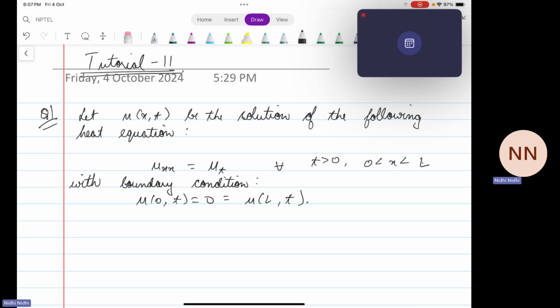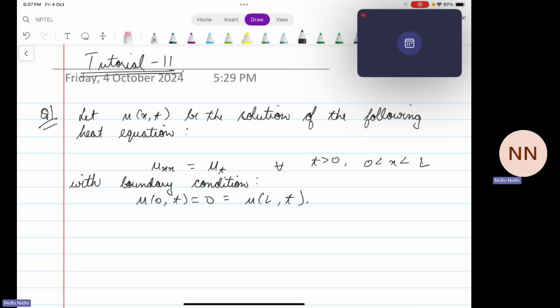We can assume it to be a rod of length L, insulated at the end points, and in between the temperature is flowing.